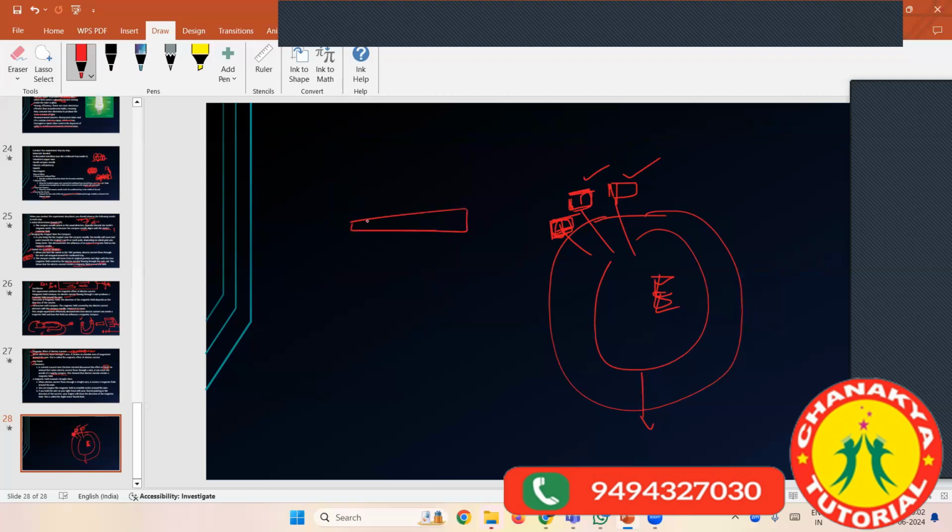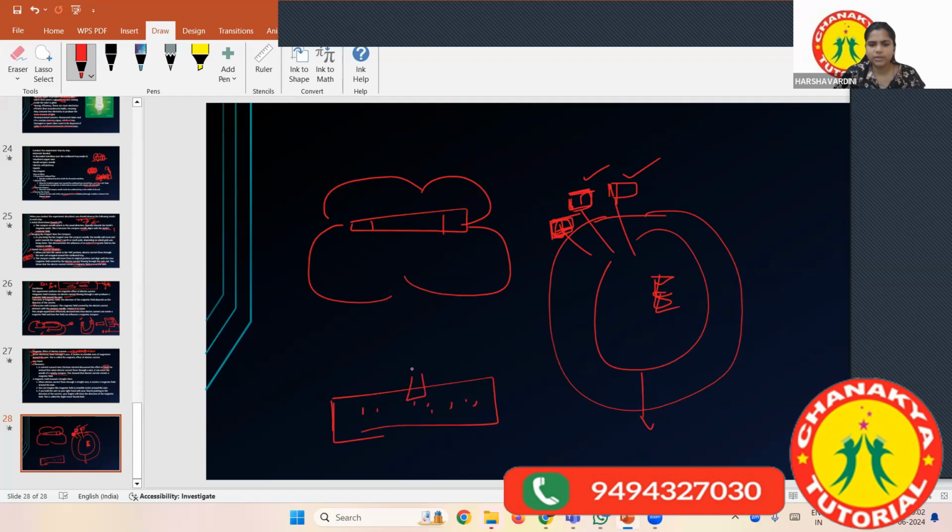He's saying there's one experiment in which we keep iron filings on the paper, and the iron filings cover the bar magnet. You're keeping a bar magnet, and those iron filings come and get attracted to the bar magnet.